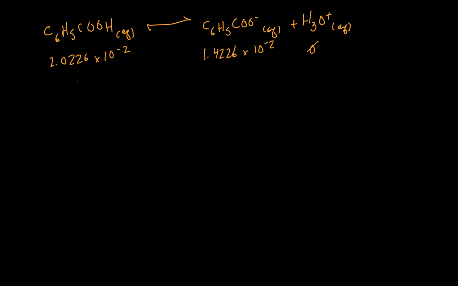Okay, so more over here than over here. So Le Chatelier says we're gonna go right instead. So we're going minus x, plus x, plus x. Close enough, I suppose. Okay, and then we can calculate our Ka expression from here.